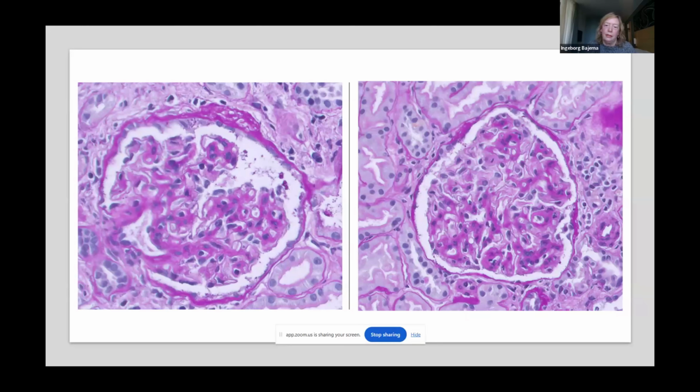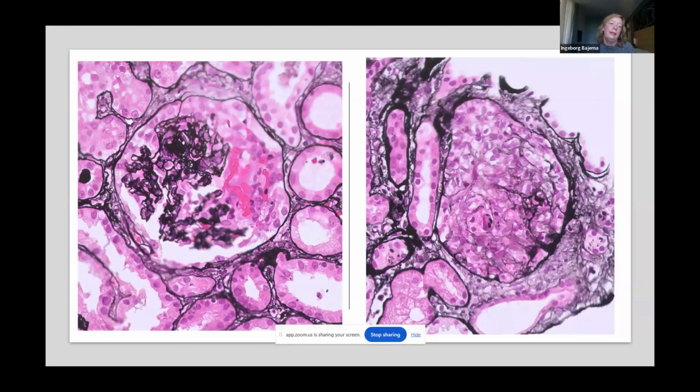If we see these patterns, like for instance over here, this is a mesangial pattern of disease, then we need more tests, primarily the immunofluorescent test, in order to know whether this pattern of disease is from a patient with lupus nephritis who would typically have a full house pattern, but it could also be a pattern of disease that we see, for instance, in IgA nephropathy or even in diabetic nephropathy.